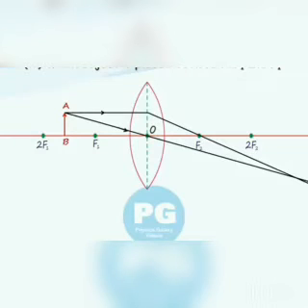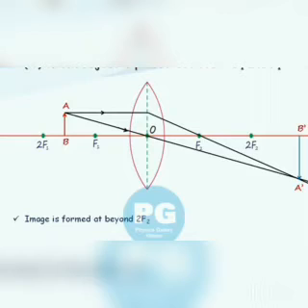So these two rays are meeting at a point beyond 2F2. And when you observe here, we can get the size of the image greater than the size of the object. That is, we are obtaining an enlarged image here, and it is a real and inverted image, and the position is beyond 2F2. Beyond 2F2, a real and inverted image which is larger in size is obtained.